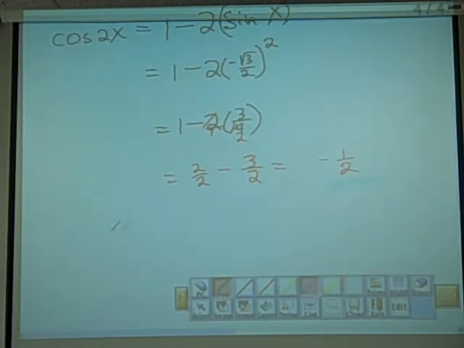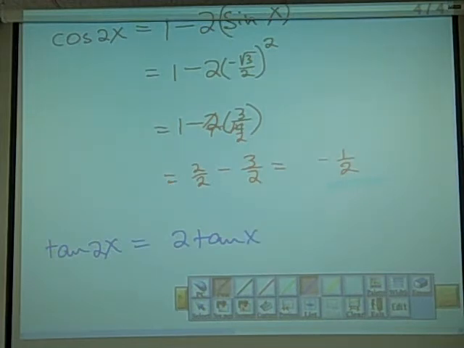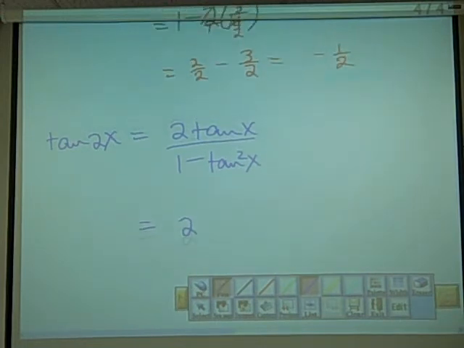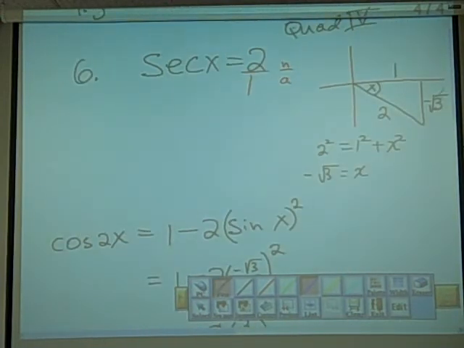Now let's look at tangent 2x for the same problem. And tangent 2x is 2 tangent x over 1 minus tangent squared x. So that means we're going to use 2, and now tangent in this triangle is opposite over adjacent.